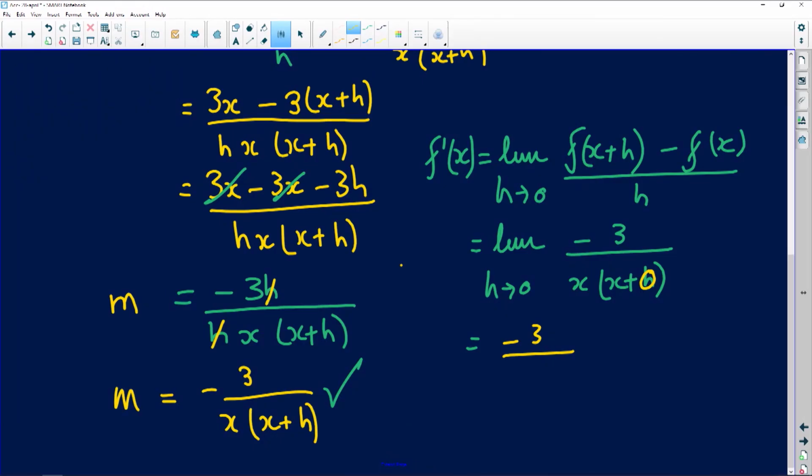Now whether you're working with a hyperbola, with a line, with a parabola, you're going to do the same thing. Okay, so h is becoming 0, and I've got x times x left, and my result for this derivative by first principles is minus 3 over x squared.